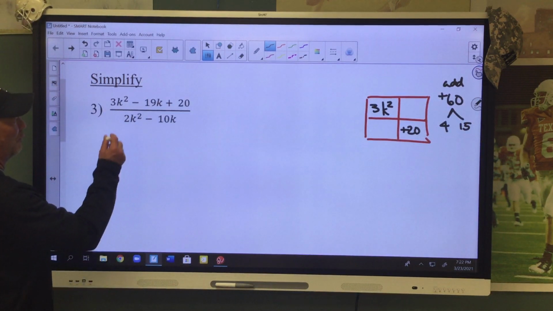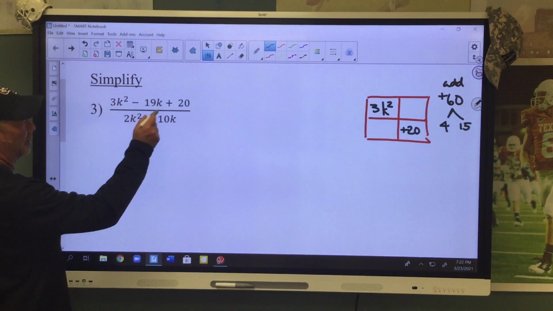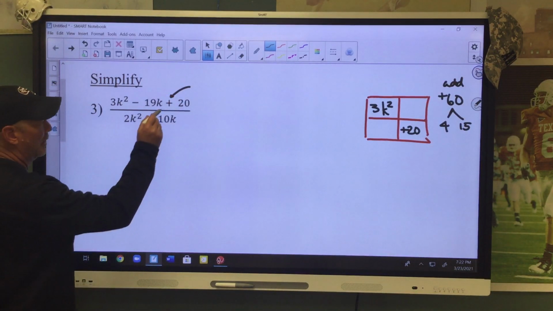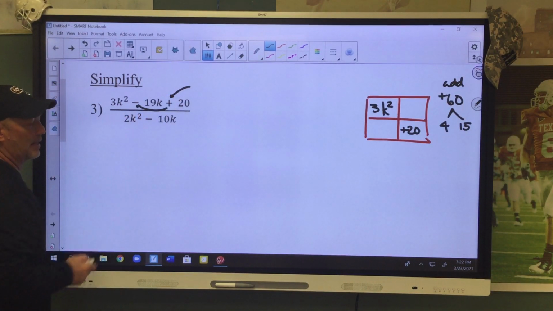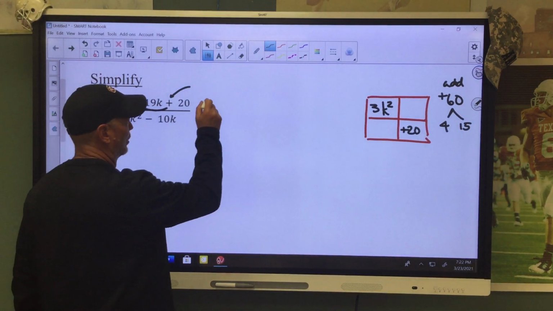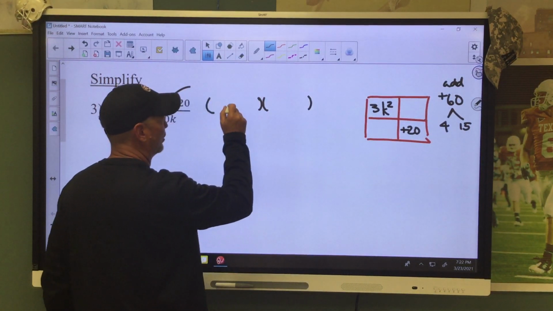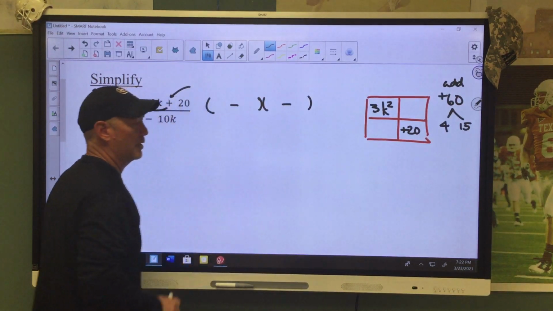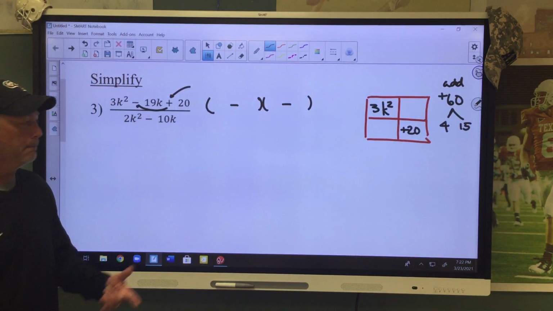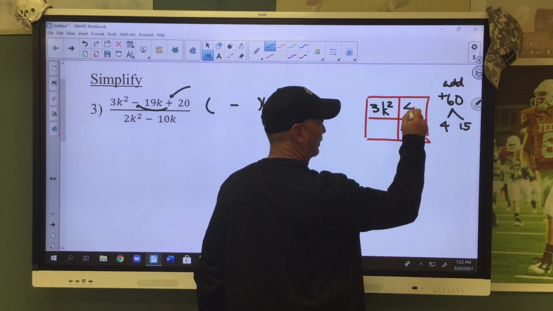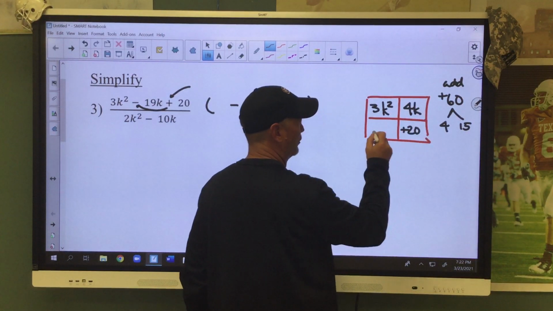But before we go too far, remember when you factor this, my signs are going to be the same. This says both of my signs will be minuses. So you're going to go to 2 parentheses, and remember that your signs will be subtraction signs or minus signs in the middle, okay? So we're going to use 4k. We're going to use 15k.